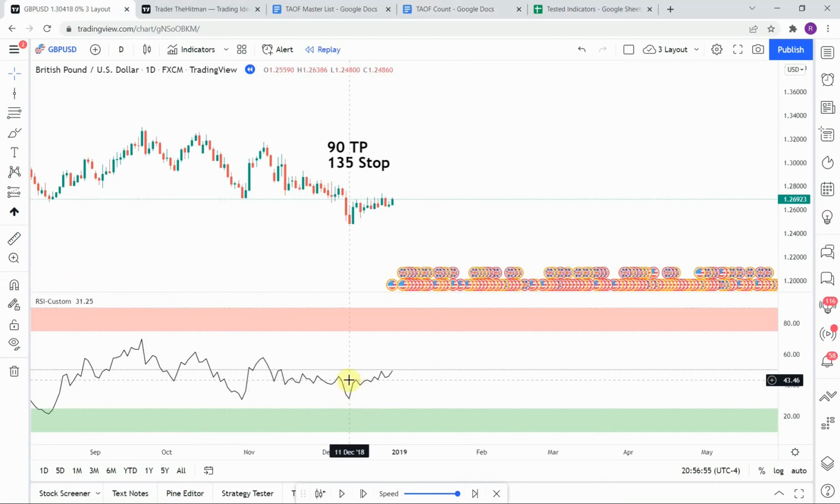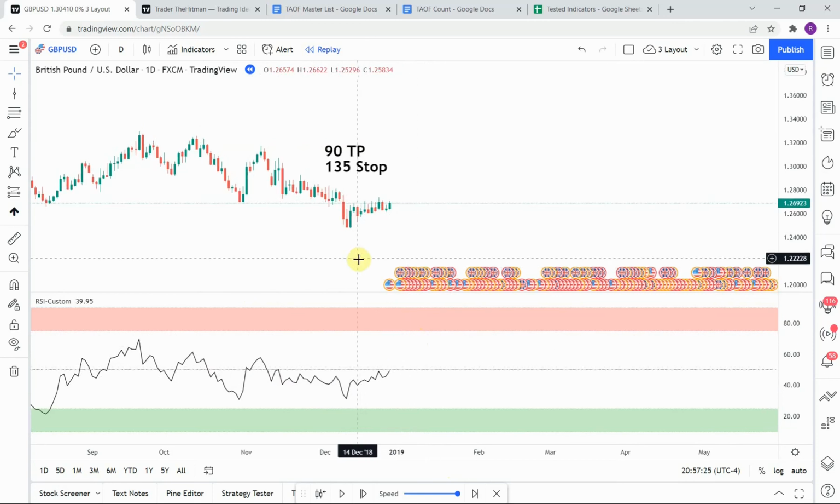Basically an RSI, but it is slightly different, not quite exactly the default RSI. It also has the overbought area and the oversold area in red and in green, and they are also slightly different than your normal RSI.